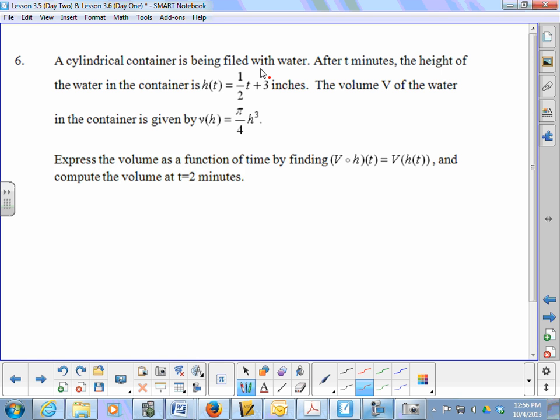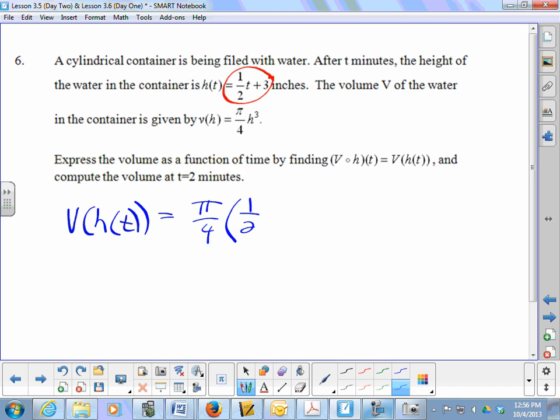Since h is equal to this, I'm going to replace h with 1/2 t plus 3. So V of h of t, the volume with respect to time, is equal to pi over 4 times 1/2 t plus 3, that cubed.